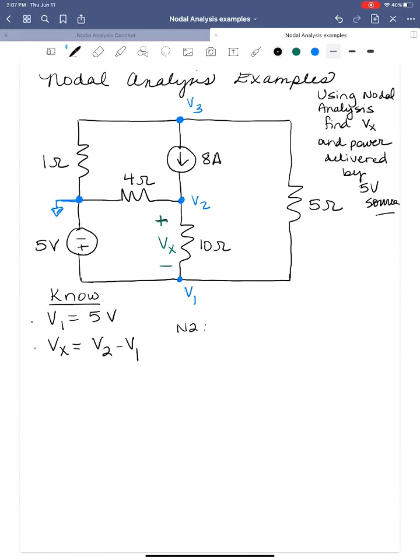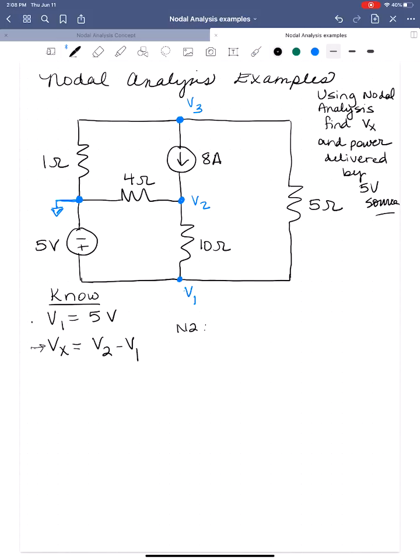As we go to the node 2 equation, we're going to deal with this Vx here. What I want you to do is ignore it for the technique. We have written down what Vx is. It's even better to just go ahead and erase this off of your paper until you have to go back to it. We've written it down here, so we know what Vx is. So now we just need node 2.